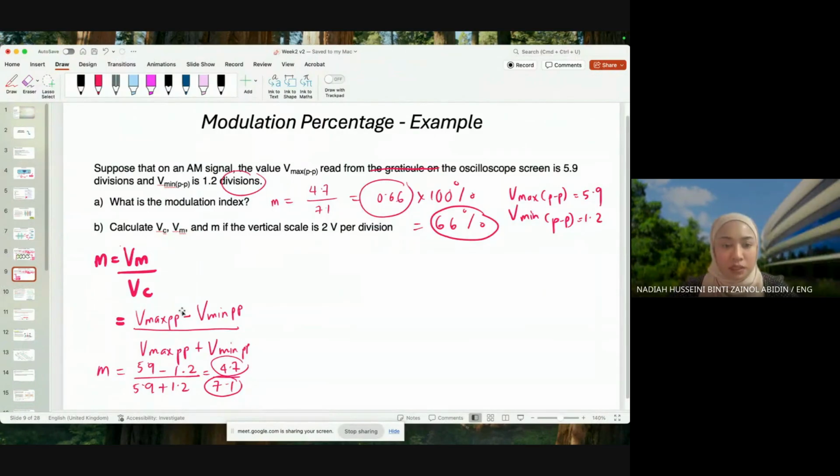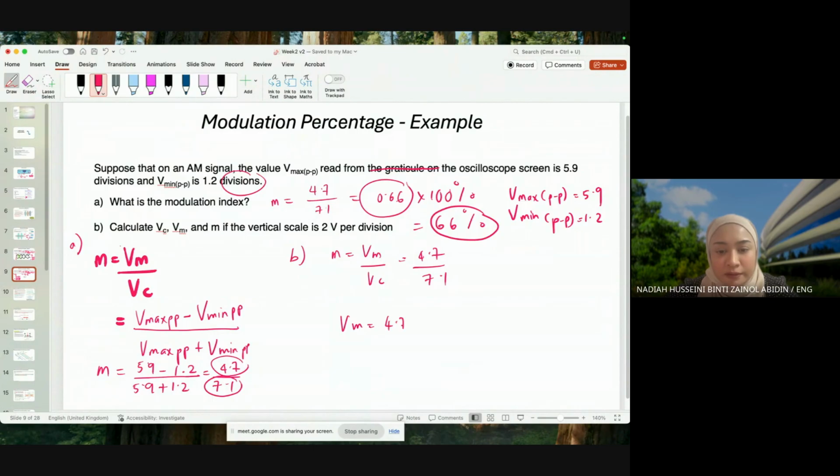So this was the first question, A. So B, calculate VC and VM. Now remember, M is basically VM over VC. And you already know it's 4.7 over 7.1, which means that VM is 4.7 divisions, VC is 7.1 divisions. So we can just find out what the value is.